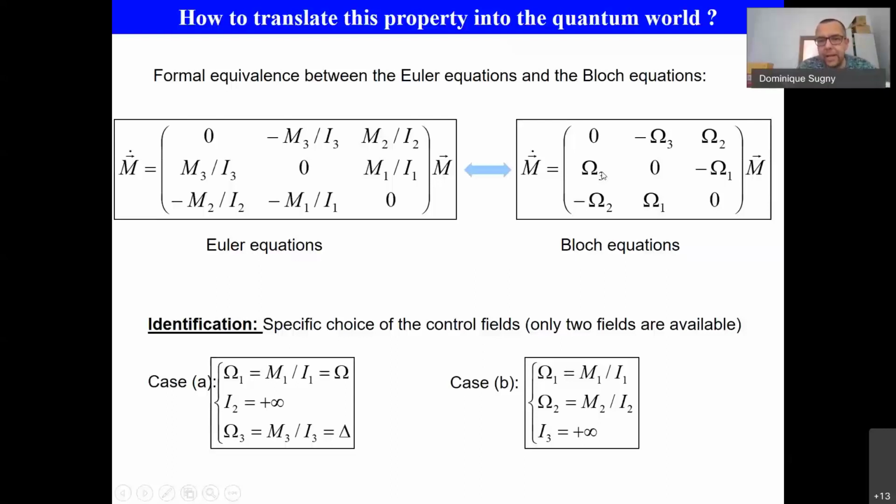We just identify omega-3 with M3 divided by I3 and omega-2 with M2 divided by I2, and then we have the expression for the control fields. Then you can make the experiment, and it works. And the good point is that we have the analytical expression for the control field, which is not so common.